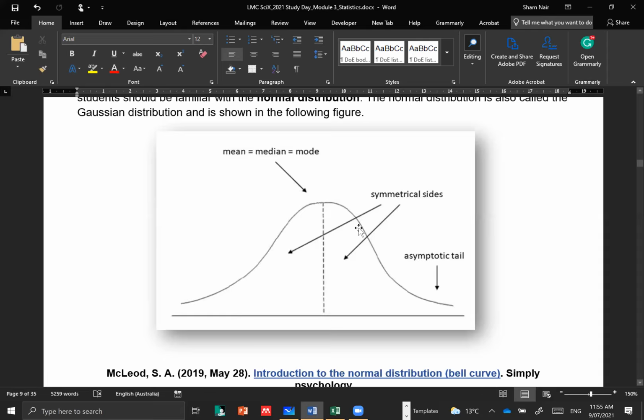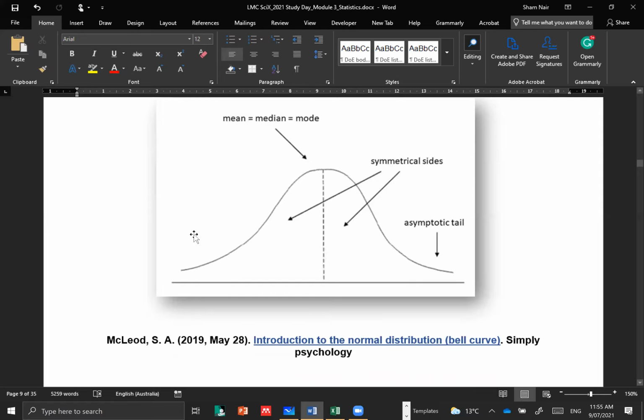And the other thing is that the distribution is symmetrical around the center. These end bits are called the tails. Now the tails are asymptotes, so they don't actually touch the horizontal axis.